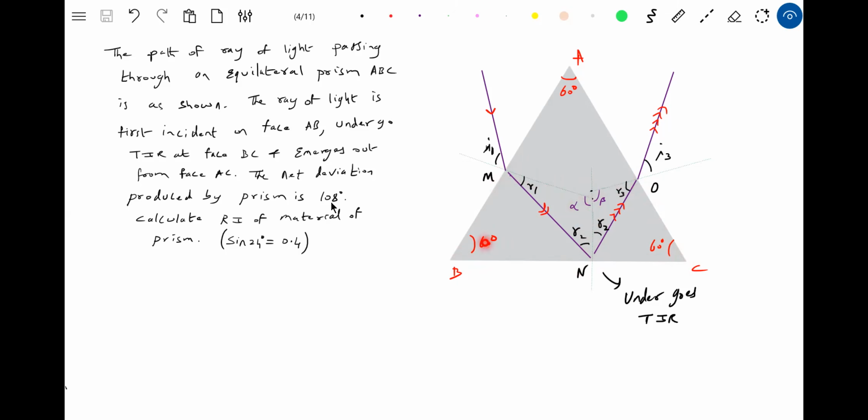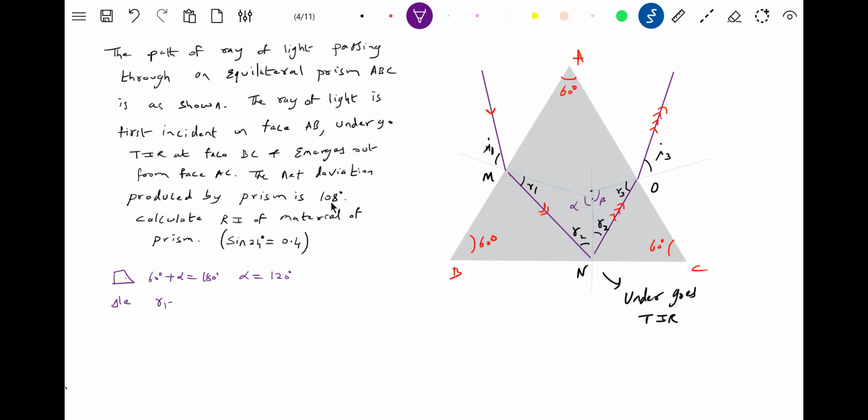In a cyclic quadrilateral, the sum of opposite angles should be 180. So 60 degrees plus alpha equal to 180. So alpha is equal to how much? 120 degrees. Then from this triangle, I'm unable to write some symbol because the space is not there, you can call it P M in this triangle.